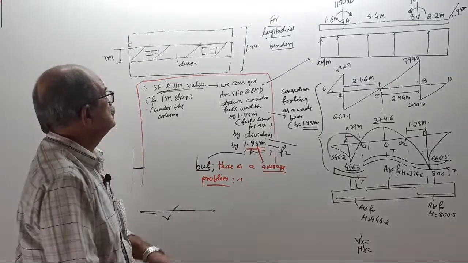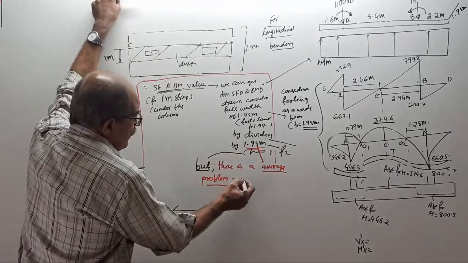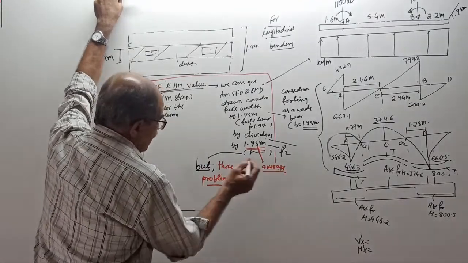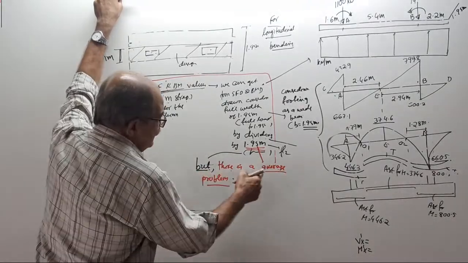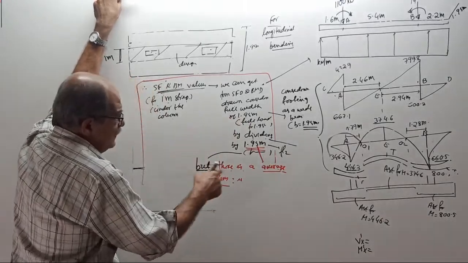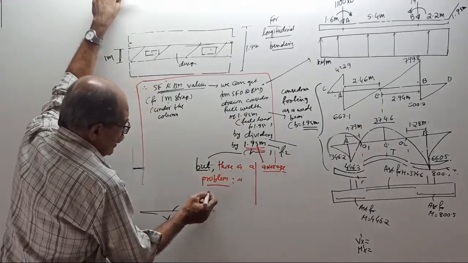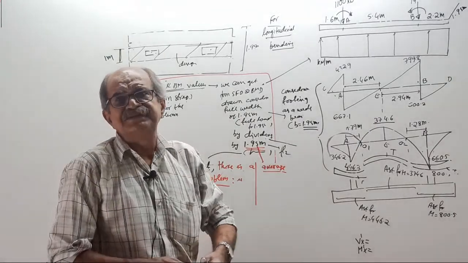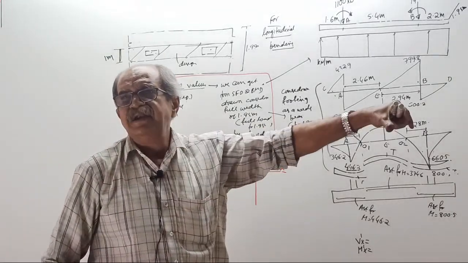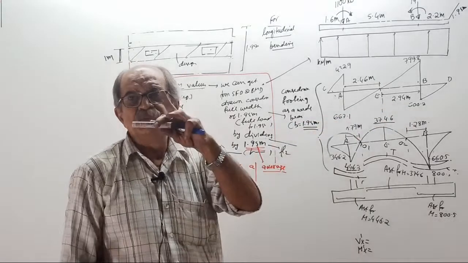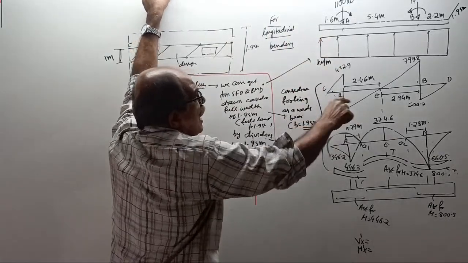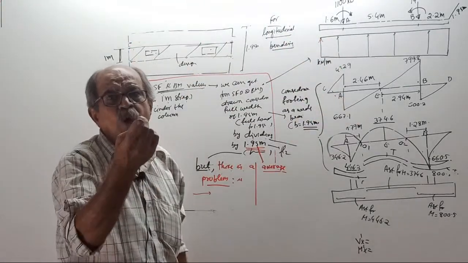So I propose to increase it. The problem is, if you consider directly a strip under the column, then the software also will give a value not divided by 1.95. It will give a little more.